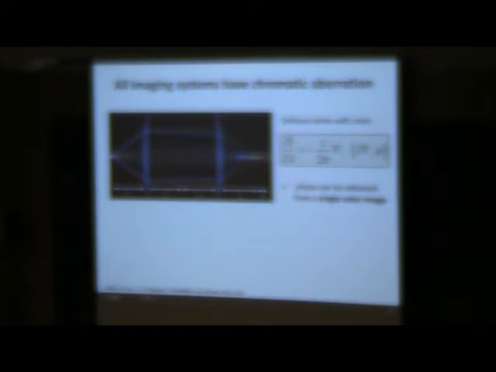But the practical advantage is that now I can focus this system at green, so put my camera in the green plane, and green will be in focus, and the other 2 colors will be oppositely defocused, which is exactly what I wanted to measure, but now I'm getting it in 1 measurement. So everything's perfectly registered. There's no motion artifacts, and I only take 1 picture, and I sacrifice spatial resolution by a factor of 4.